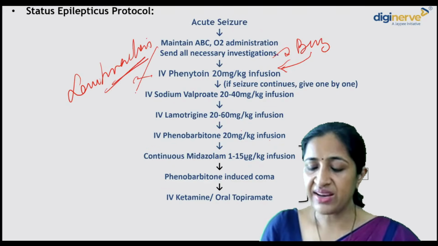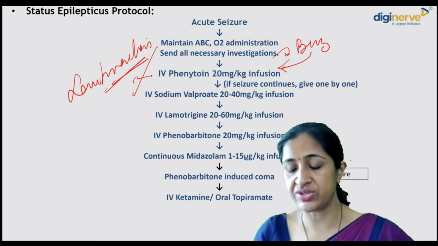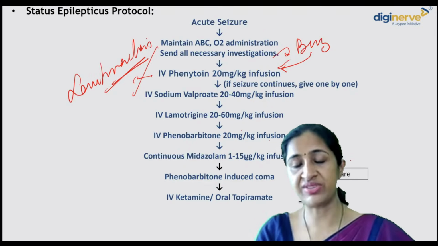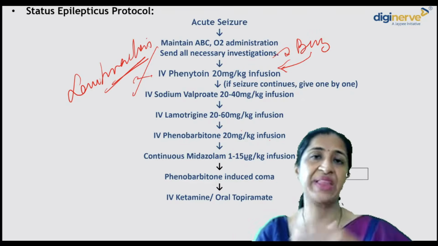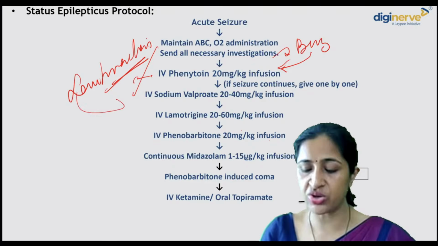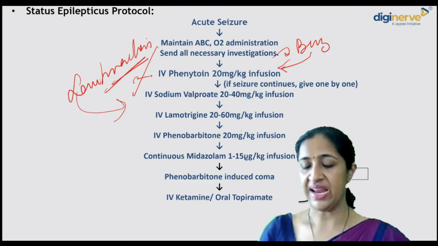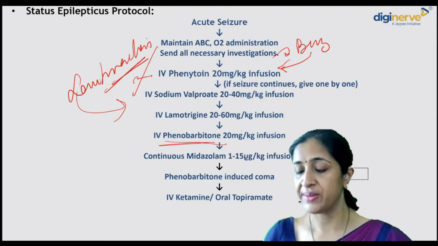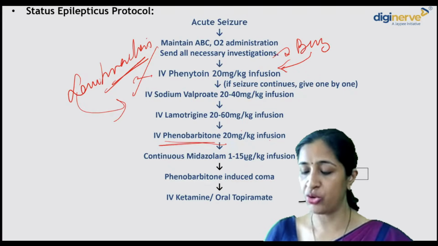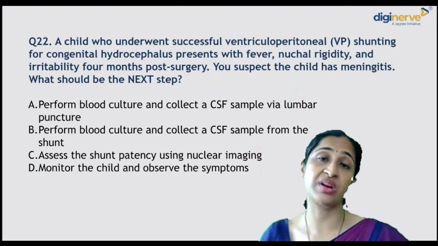All these are levetiracetam or fosphenytoin. So if you start with levetiracetam, then go to fosphenytoin, start with fosphenytoin, go to levetiracetam. From levetiracetam, you can directly go to sodium valproate like that. And from there, we are going to phenobarbital and then midazolam infusions. The more you go further, the poorer are the outcomes.